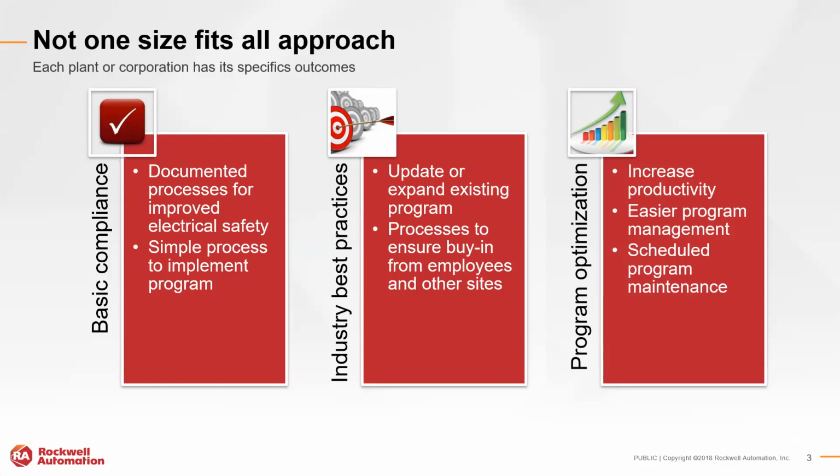So the industry best practices and program optimization sections will give some context and suggested techniques regarding how to move towards that type of program effectiveness. And so you can use your arc flash study and arc flash overall program and corresponding written electrical safety program as a tool to improve that efficiency instead of just simply checking the box for the sake of compliance.